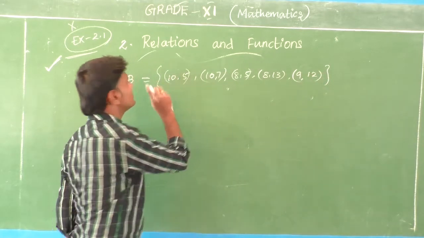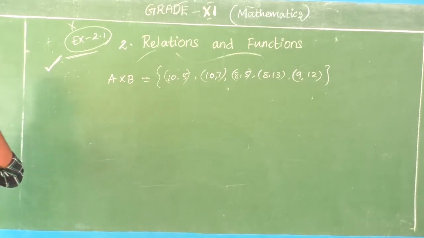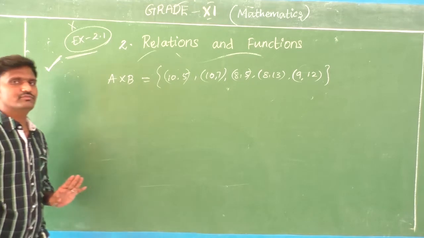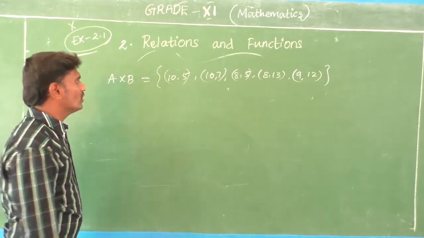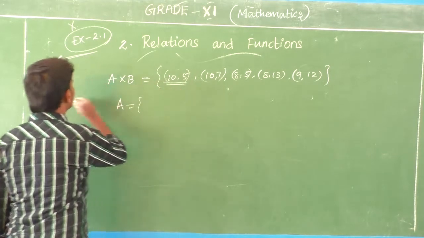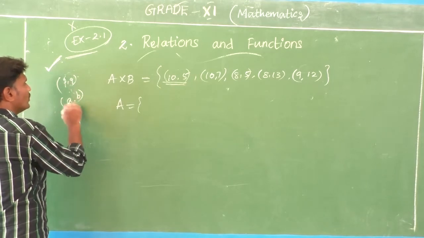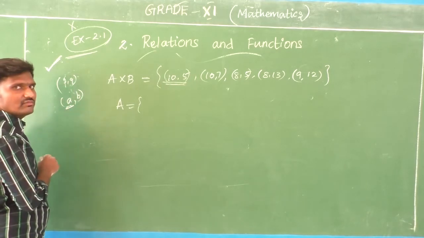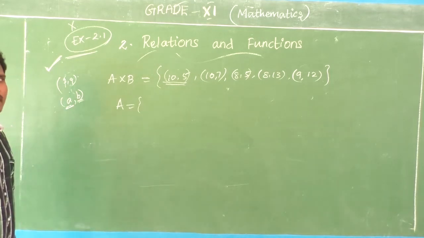So this is given to you as A cross B. Now the question is asking you to find A and B. Write down the elements of A and B. How do you write the elements of A? The ordered pair is P comma Q, or A comma B. The left side number is the first set element and the right side is the second set element.